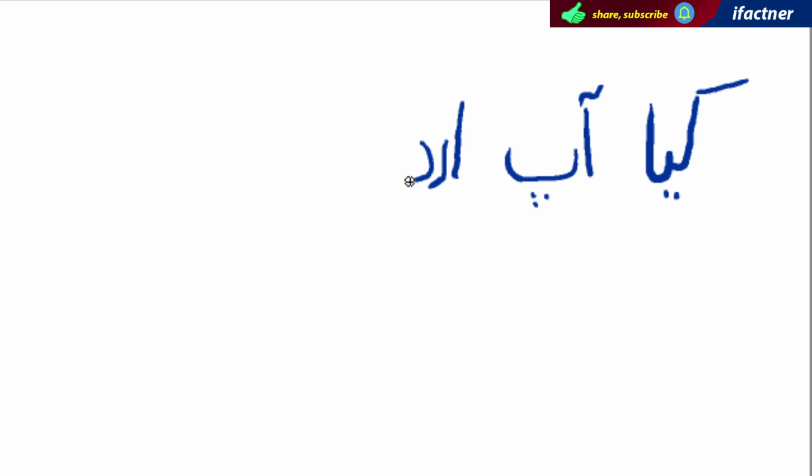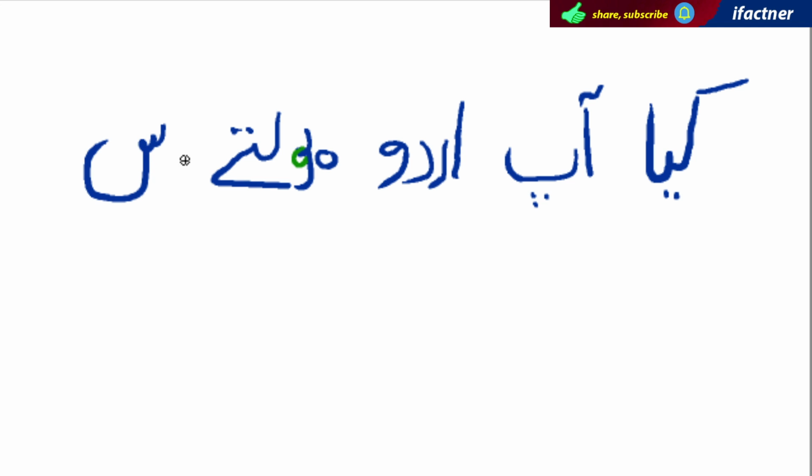So we will write काफ, ये अलिफ क्या, आप, अलिफ मद आ, पे साकिन, आप, उर्दू, अलिफ, रे, दाल, वाव, बोलते, बे, वाव, लाम, ते बड़िए ते, बोलते, एंड हैं, हे, ये, नूना. क्या आप उर्दू बोलते हैं?